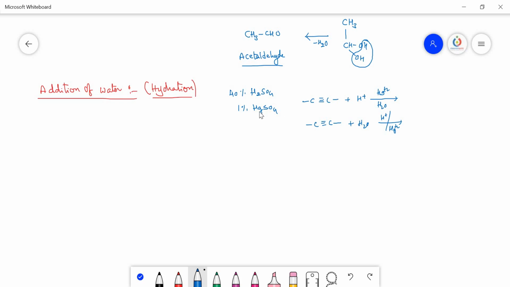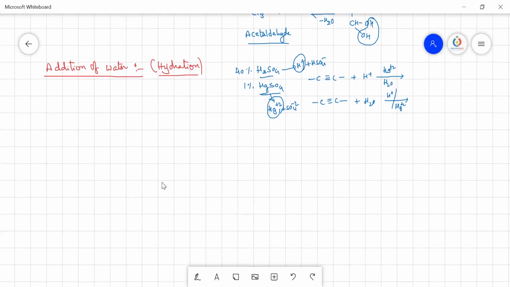So Hg plus 2 means HgSO4, mercuric sulfate, dissociates and gives Hg plus 2 plus SO4 minus 2. H2SO4 dissociates and gives H plus and HSO4 minus. So this particular part they may mention. So there is no need to mention the complete formula of the catalyst in these cases. So you must be careful while selecting the reagents and while seeing the compounds.